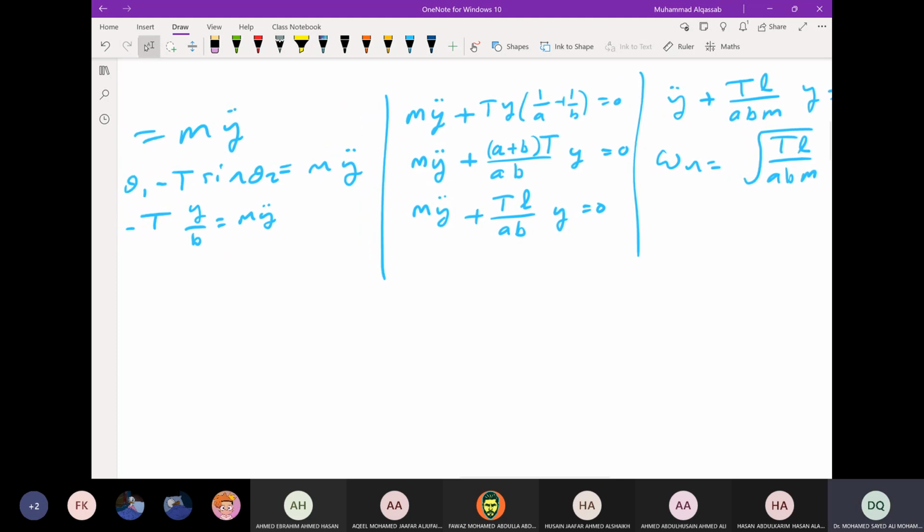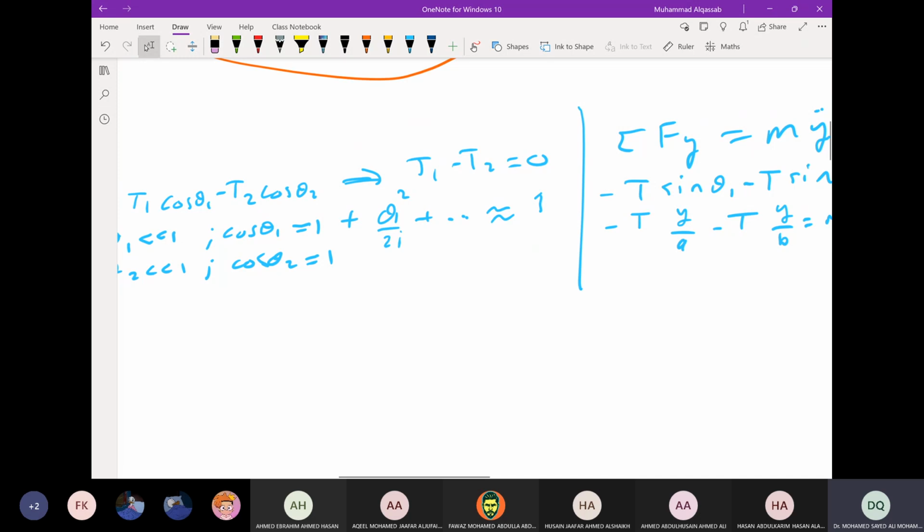But this is the same equation. The differential equation is the same as the equation of the spring mass system, which is a second order ordinary differential equation with constant coefficients, and it is homogeneous for free vibration. All the parameters here are constant: the mass, the length of the cord, the position of the mass a and b, and the tension in the cord, which is the assumption we made.